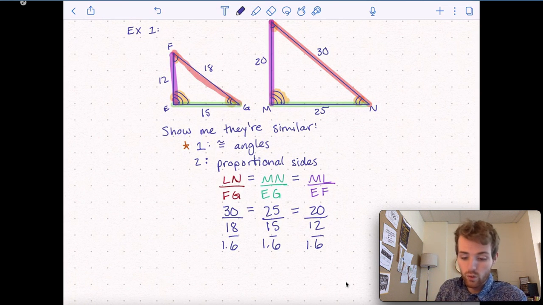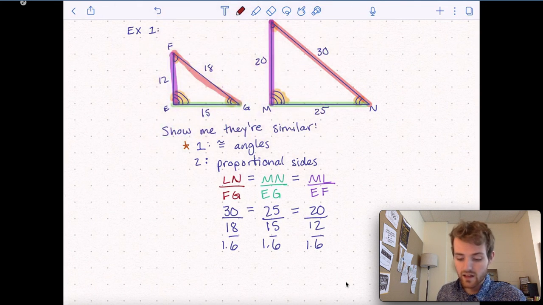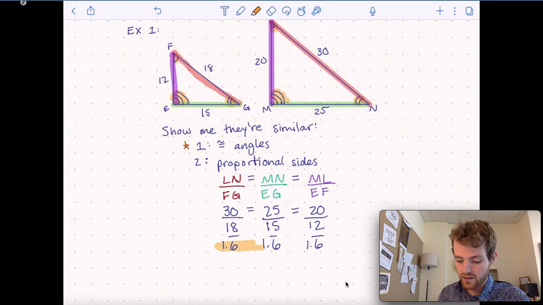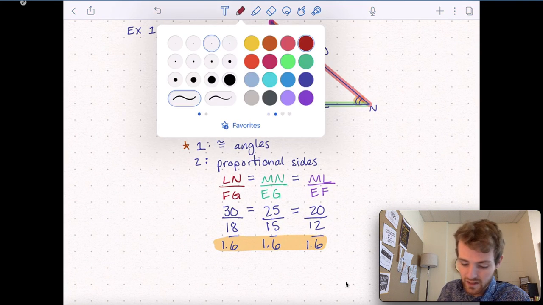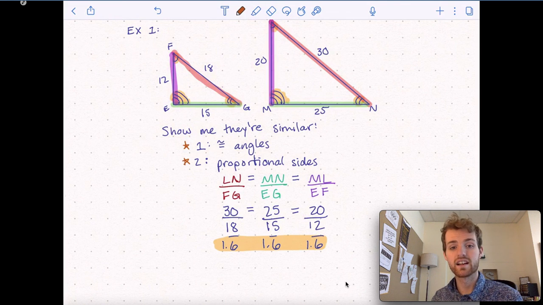So, in order for us to check off this box, we need to see that all three pairs of sides have the matching value. Do these match? Yes. They all are the same. So we do have proportional sides here.